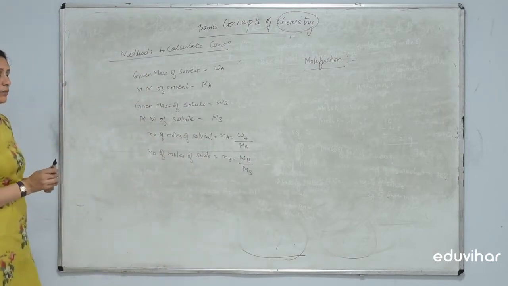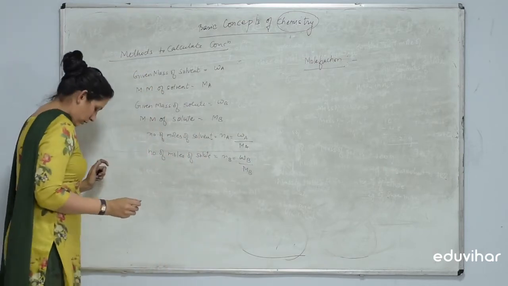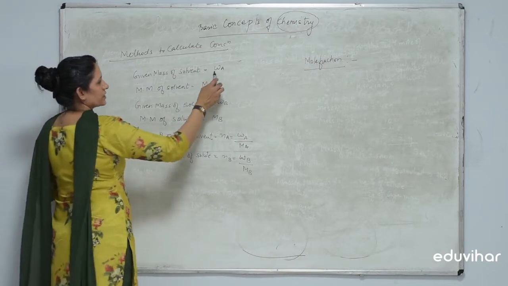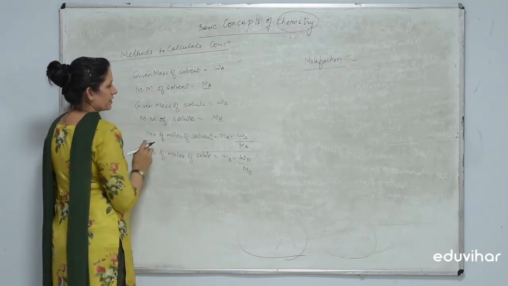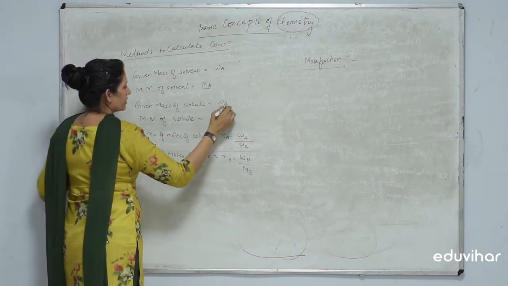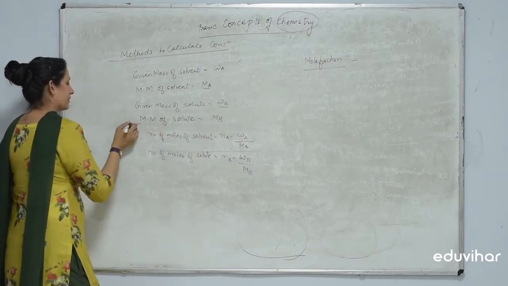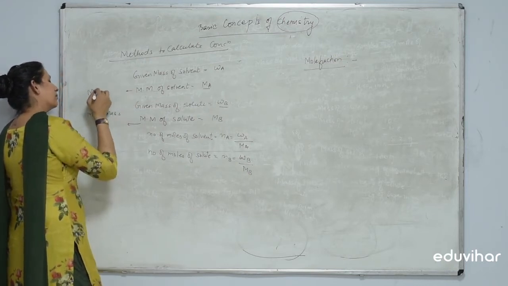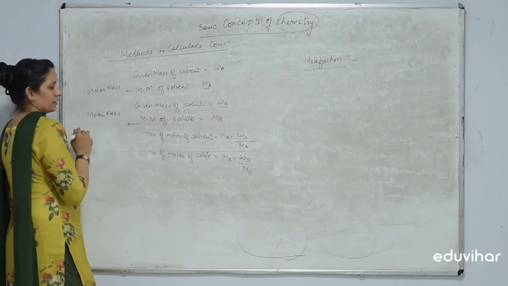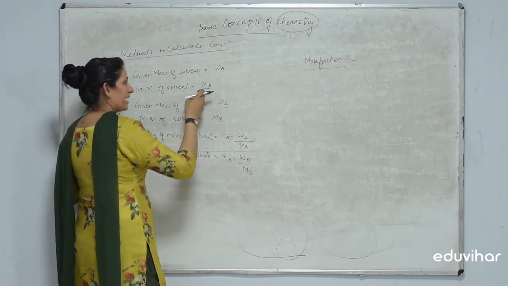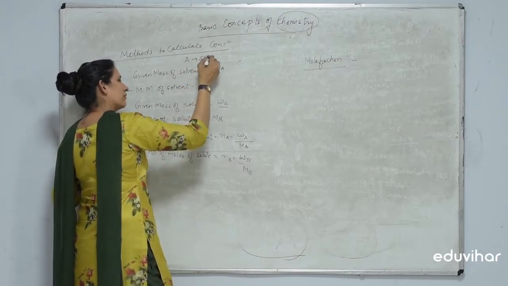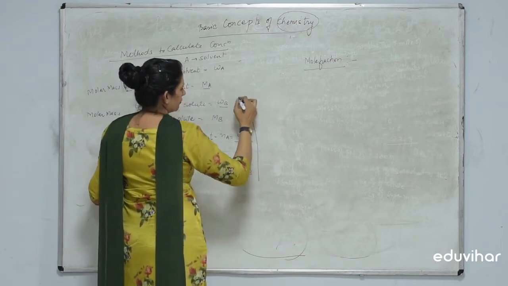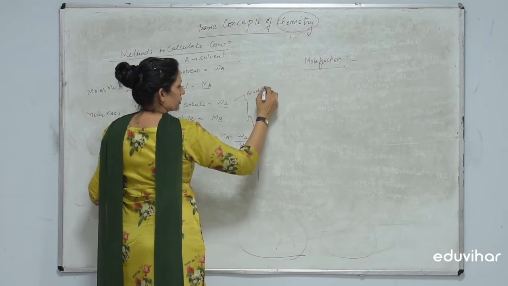This is the notation. I am again repeating. The given mass of solvent is WA. The molar mass of solvent is MA. The given mass of solute is WB. The molar mass of solute is MB. Here M is molar mass, A represents the solvent and B represents the solute.